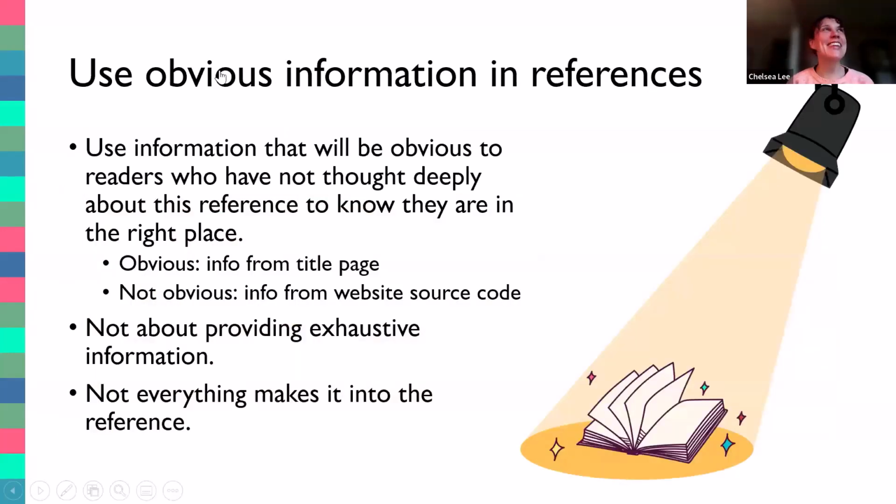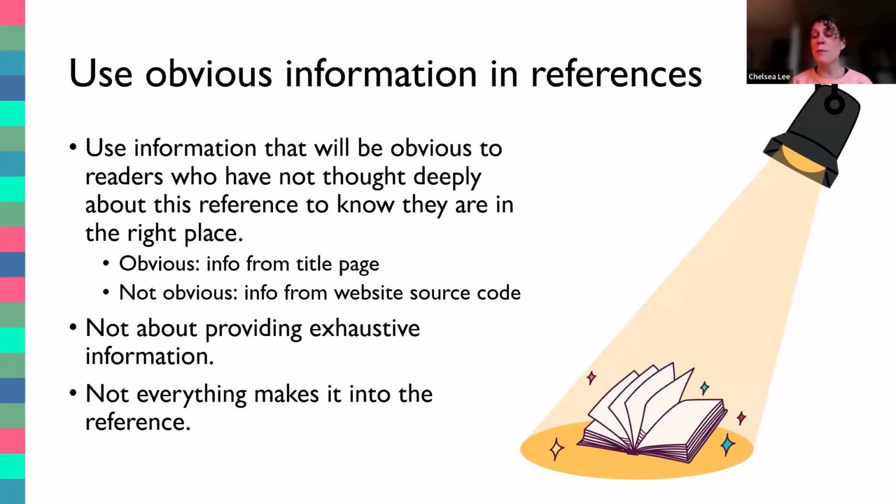So this is, I think, one of the most important parts of this presentation: you've got to use information that is obvious in the references. If you are confused by the source that you're trying to cite, you are thinking so much more clearly about that source than pretty much any reader is going to be thinking about it. And so it's important to use information that's going to be obvious to people who haven't thought that closely about the reference.